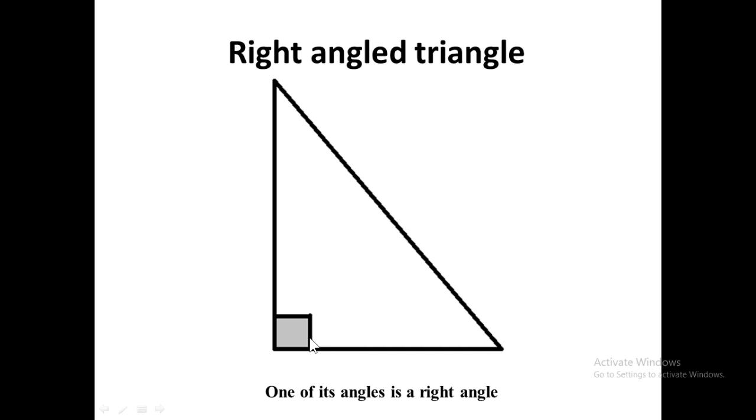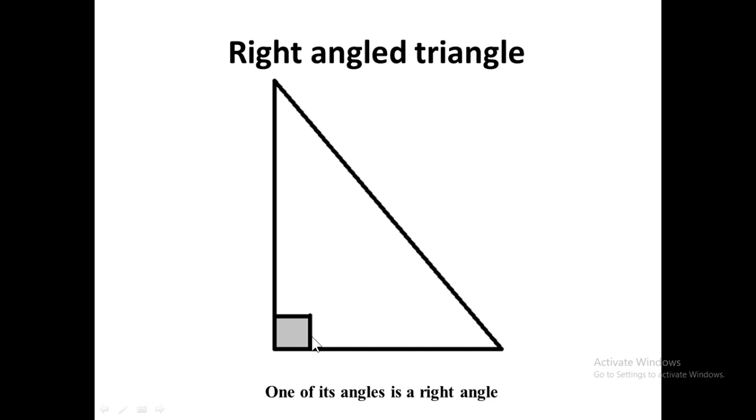As you can see right now, this colored angle here is a right angle. That's what made this triangle a right angle triangle. And of course, the value of this right angle is 90 degrees. So that's another triangle formed based on angles possessed by the triangle.